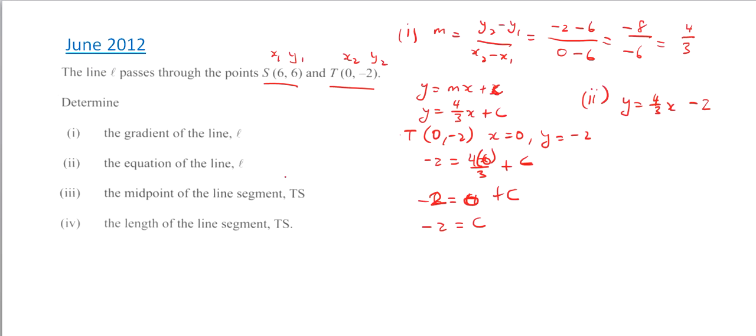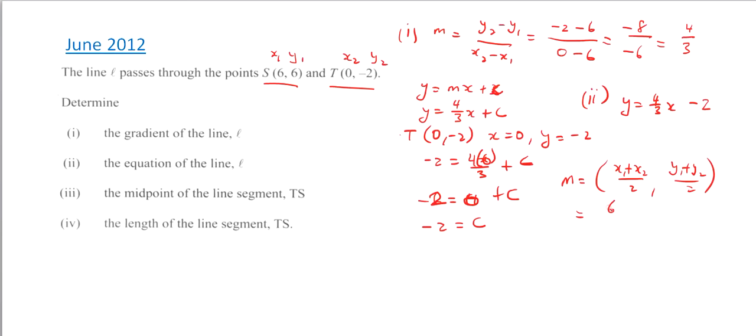Now they want the midpoint of the line segment TS. So let me work out midpoint. So midpoint M is equal to, you have to add x1 plus x2 over 2, comma, y1 plus y2 over 2. So we're going to add the two x coordinates.